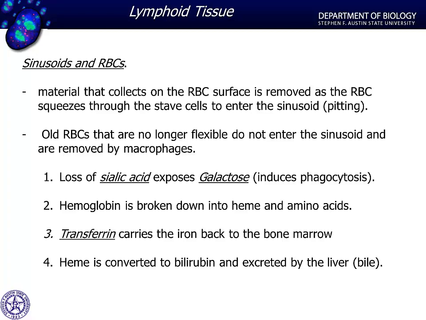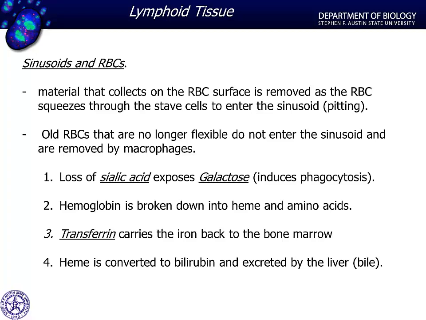Some is going to be removed in the gastrointestinal tract through the bile as stercobilinogen, or it's going to be excreted in the urine as urobilinogen. Stercobilin is the name of the fecal material. Urobilinogen gives our urine its yellow color as this is removed from the body. Now, if too much bilirubin builds up in our system, that's when our skin and our eyes are going to turn yellow, and that gives us the condition of jaundice.